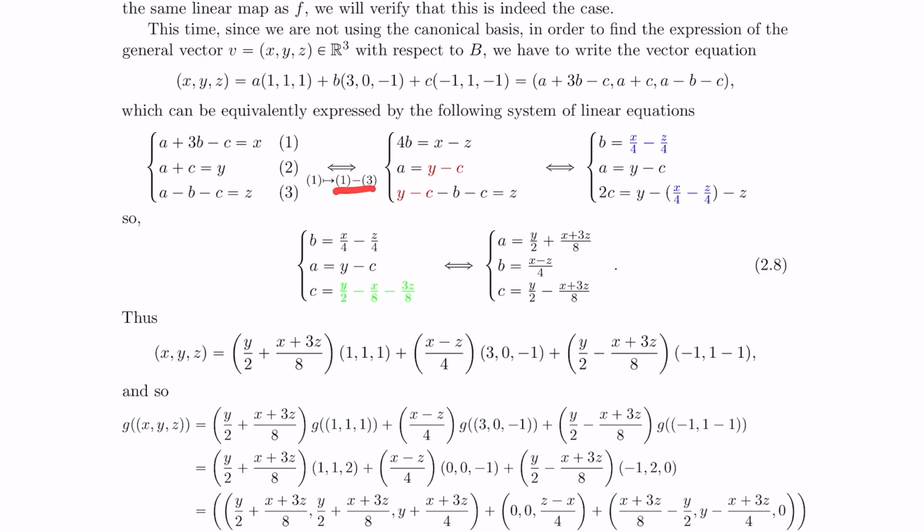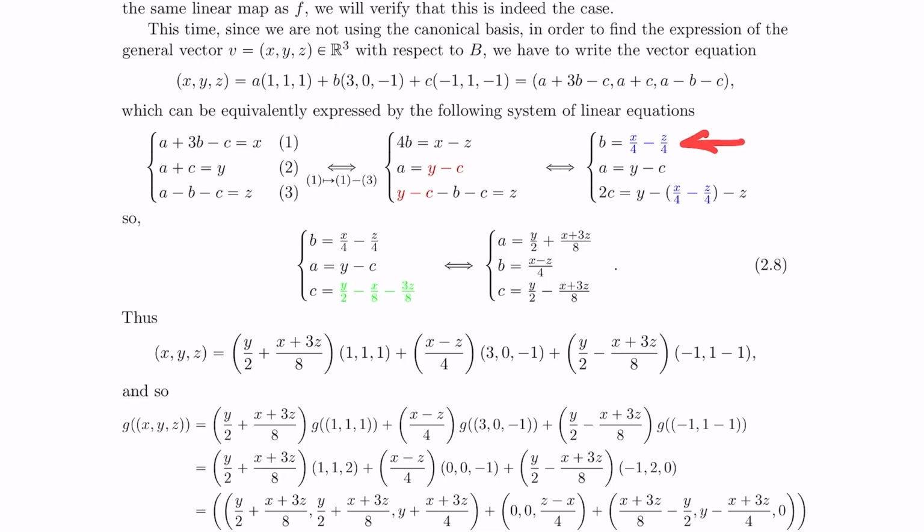As I wrote here, if we subtract the first and the third equation, we arrive at this equation here. Instead, you can see that we can rewrite the second equation like this, and if we introduce a written as y minus c in the third equation, we have this expression here.